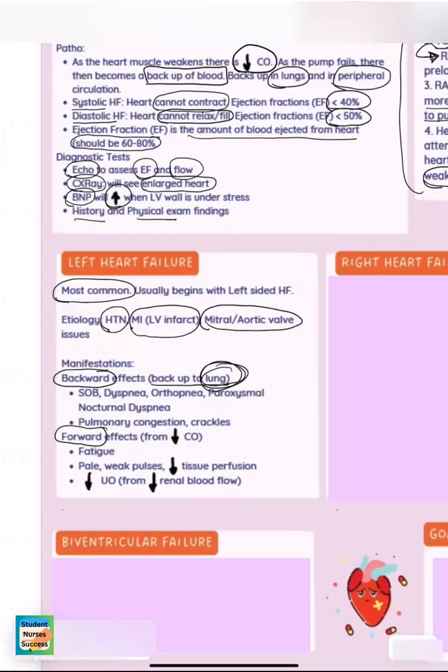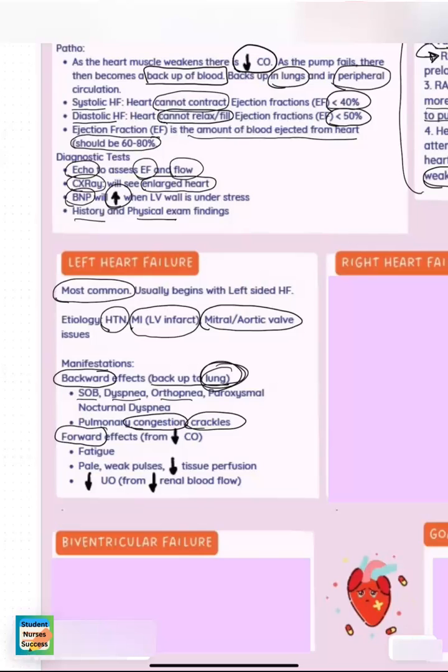So patients develop shortness of breath, dyspnea, orthopnea, which means they have to sit up to breathe, or something called paroxysmal nocturnal dyspnea, where they wake up in the middle of the night suddenly not being able to breathe. If we listen to the lungs, we notice pulmonary congestion and crackles in the lungs.